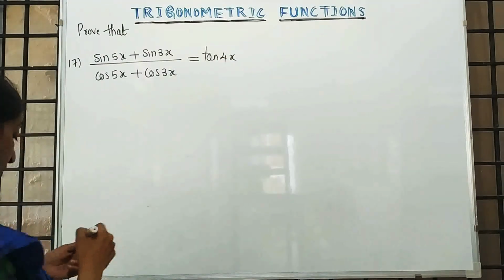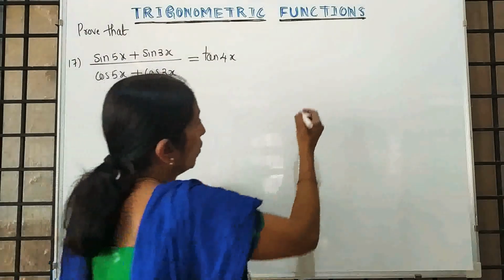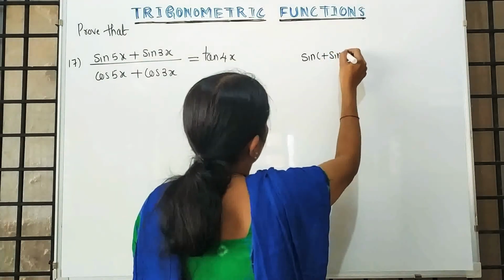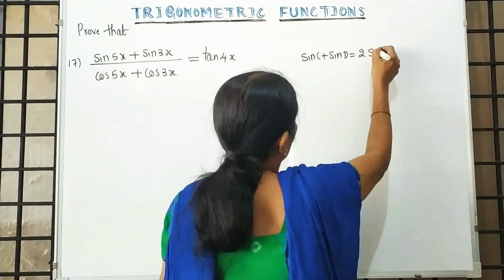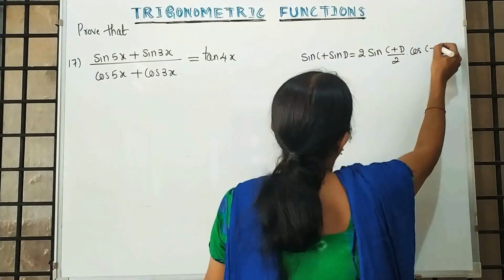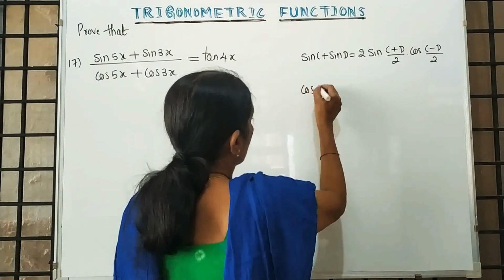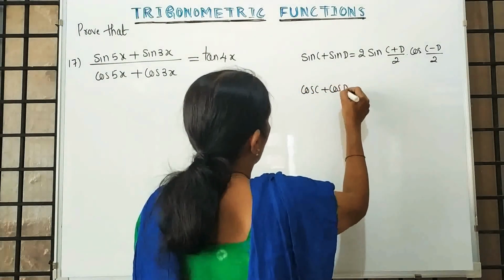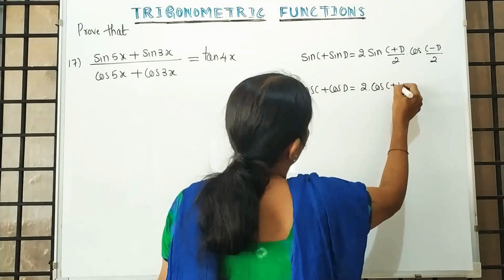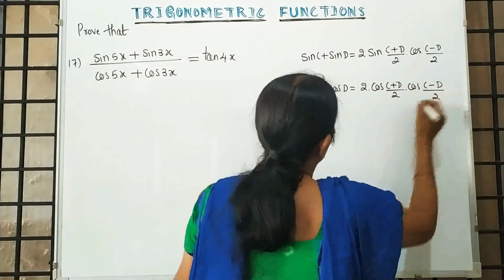So first write on the left side. Again we are applying sin c plus sin d and cos c plus cos d. Sin c plus sin d is 2 sin c plus d by 2 into cos c minus d by 2. Cos c plus cos d is 2 cos c plus d by 2 into cos c minus d by 2.